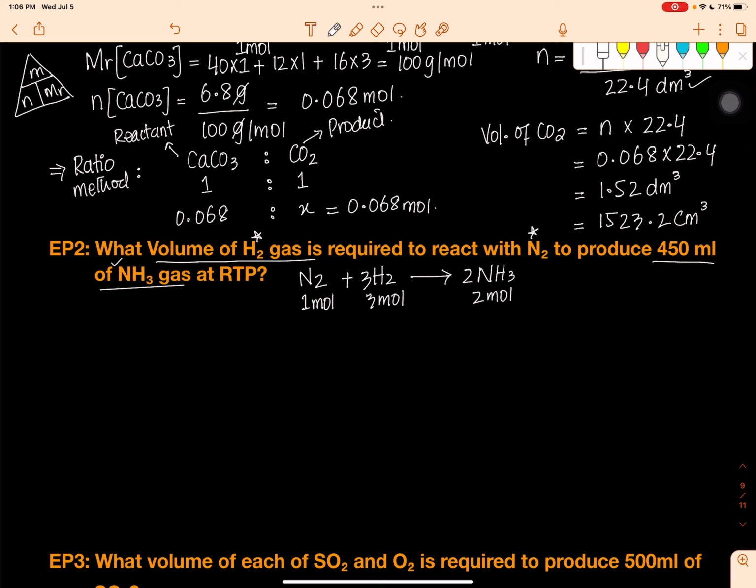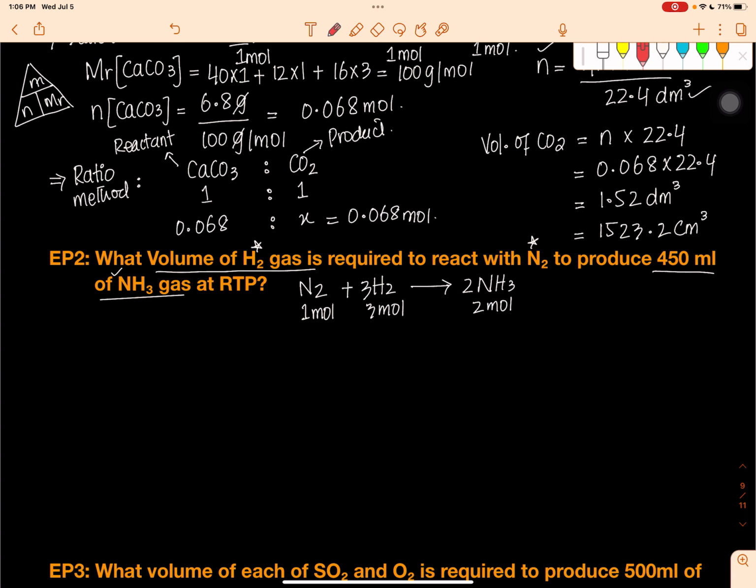So here the question works in reverse order. Here we are finding out that for a particular number of moles of ammonia, what number of moles of hydrogen is required to react with nitrogen. We have 450 ml of ammonia.